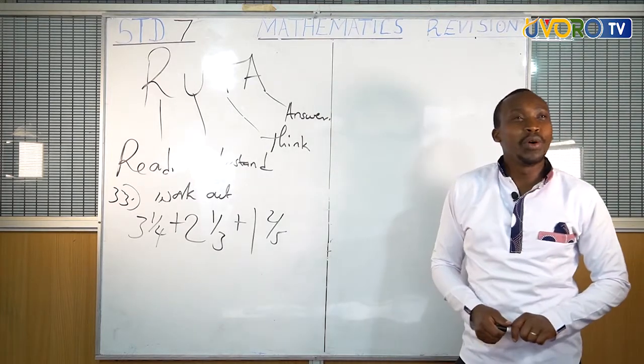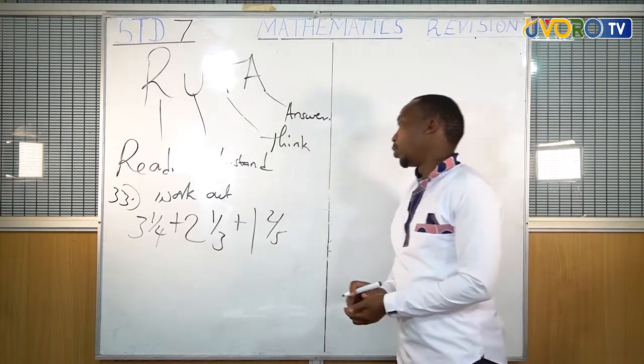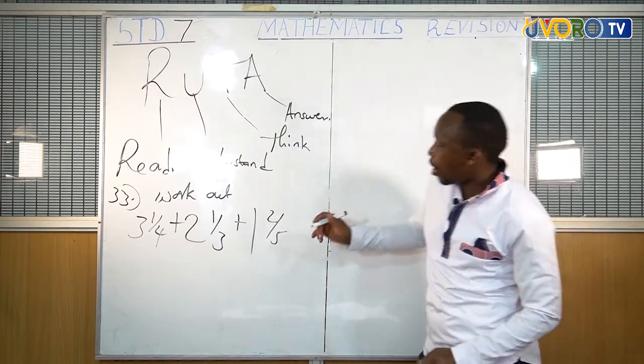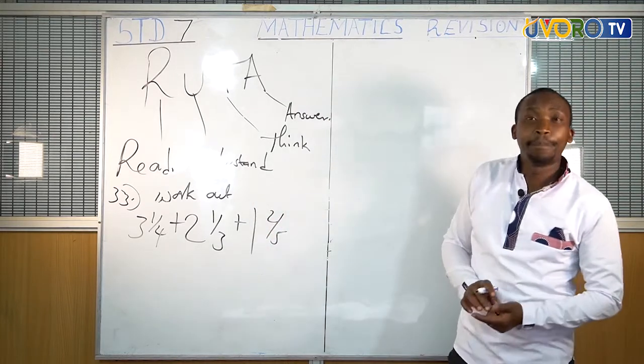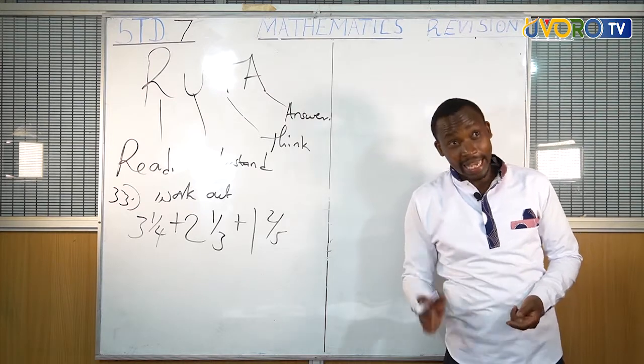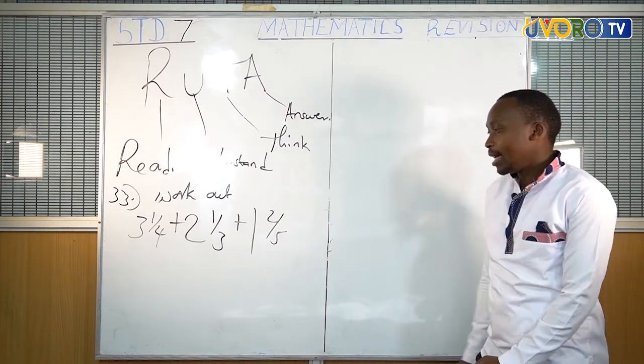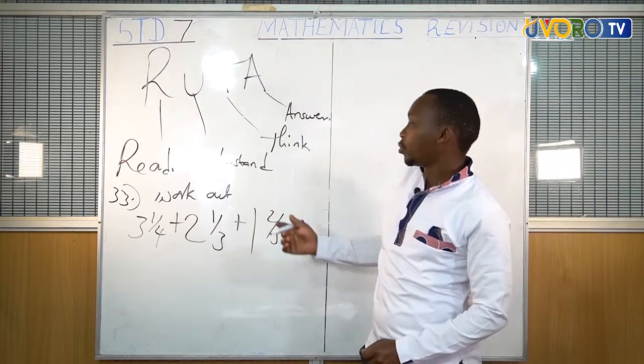Now let's continue and salute our U for understanding. What are you supposed to do? How many signs do you have here? That is one sign that is used 2 times. That is plus. Now, what do you also do to these numbers?